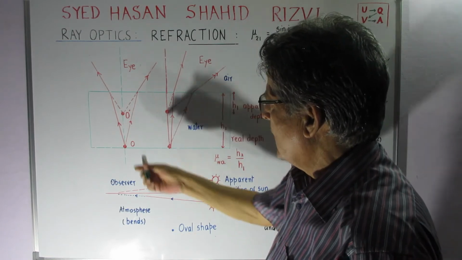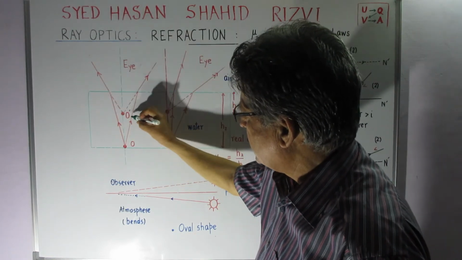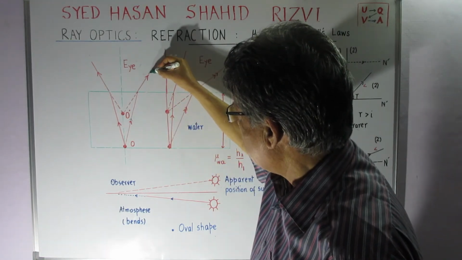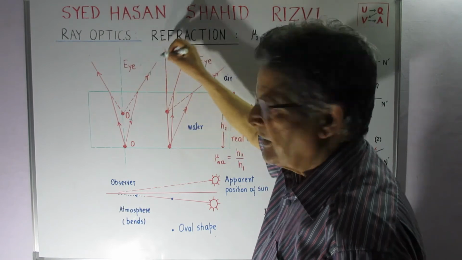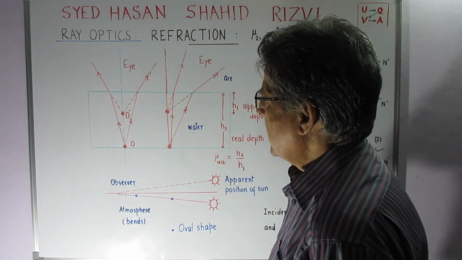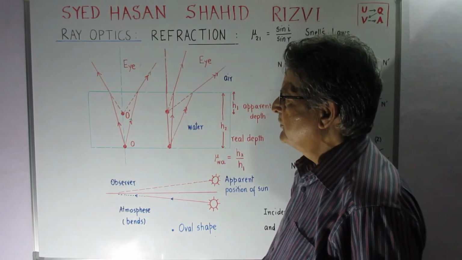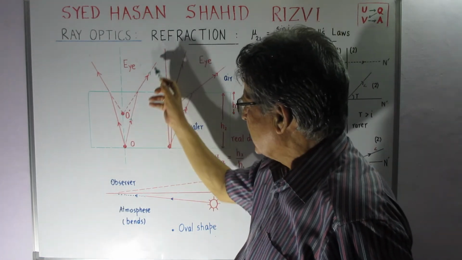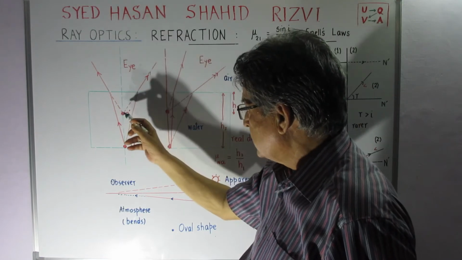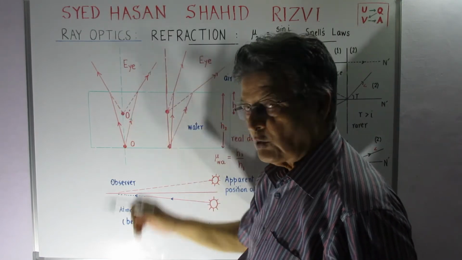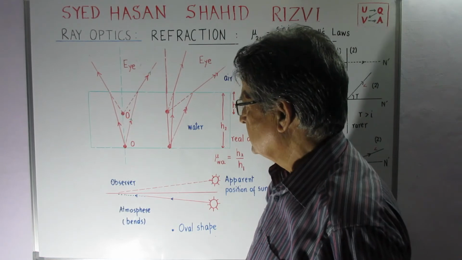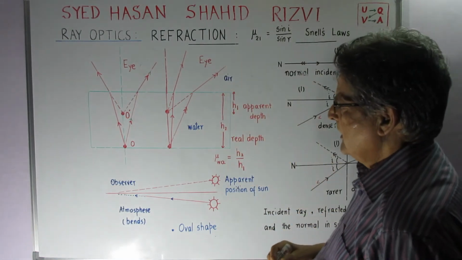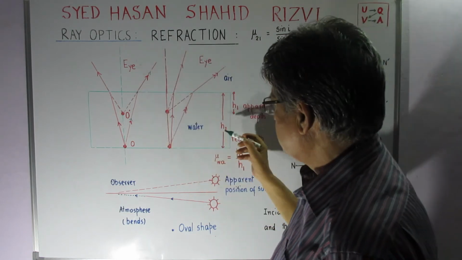This is one which refracted and this is another one, and they are collected by the eye over here, okay, and we see as if these rays which are coming to the eye are apparently coming from point O dash, which is the apparent depth, at a depth h1, okay, and the actual depth is h2 over here.